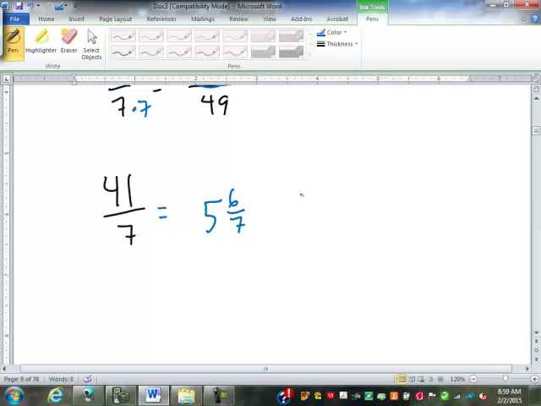Type in 41 ABC 7 and hit equals. 5 and 6/7. 41 divided by 7 would be 5.857142857 approximately. But you're not dividing. Use the ABC key, the fraction key. 41 ABC 7 and hit equals. 5 and 6/7. I didn't know the calculator could do that.